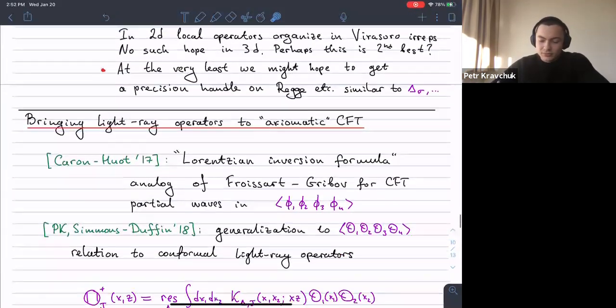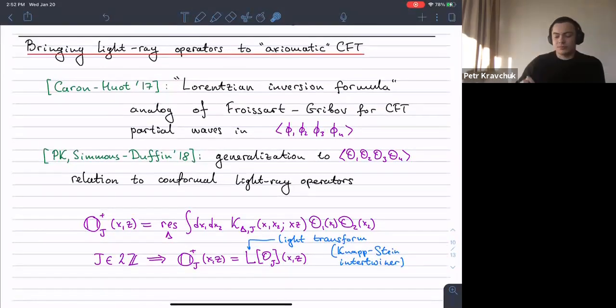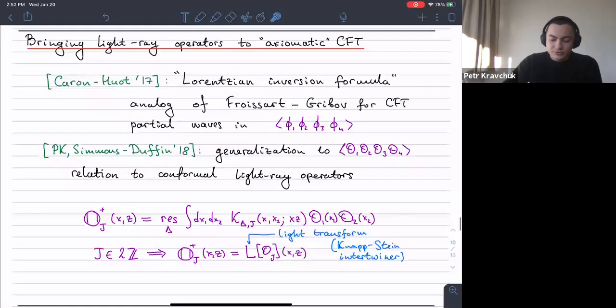And this question wasn't really understood. I don't think anything non-perturbative was understood about these operators until recently.